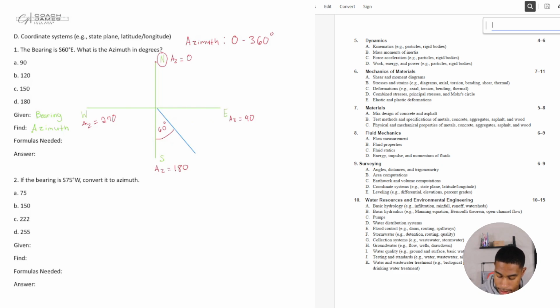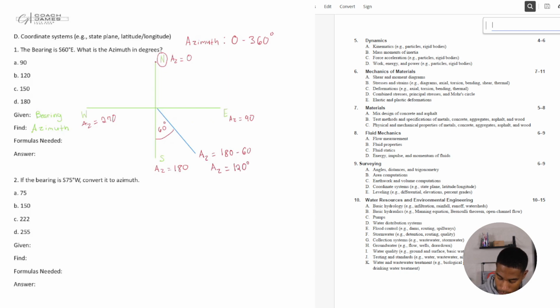So if I know that I am 60 degrees from 180 degrees, then my azimuth is equal to 180 degrees minus the 60, which in turn is going to be 120.